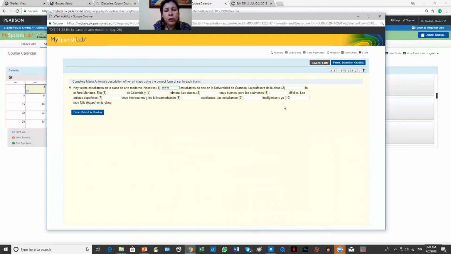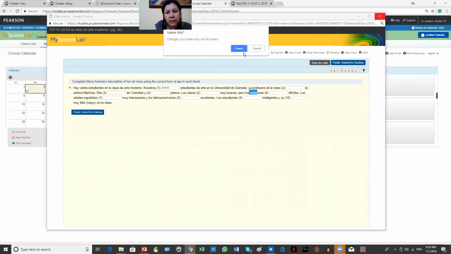You're going to be working with the verb conjugation, the ser verb conjugation. And you have to pay attention who's doing the action. Ella, las clases, los exámenes, see, to be able to choose the right conjugation depending on who's doing the action. Pay attention to that.